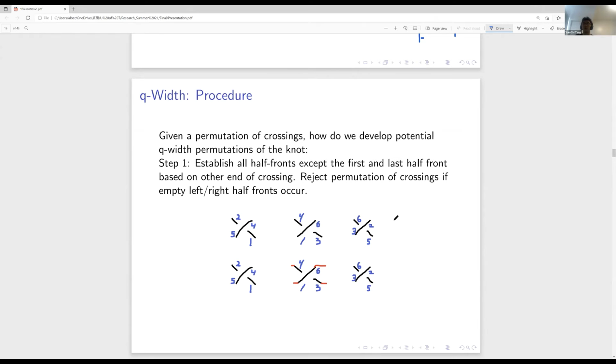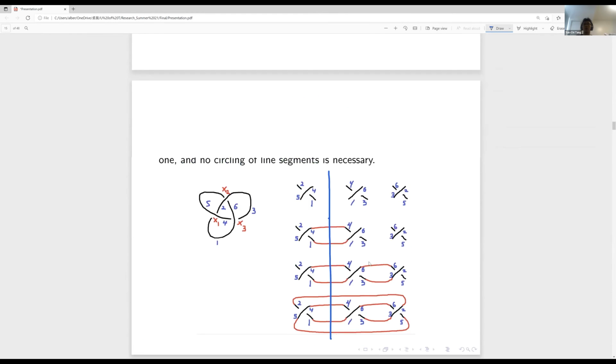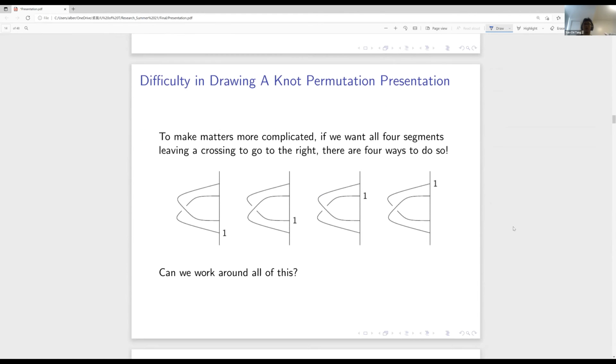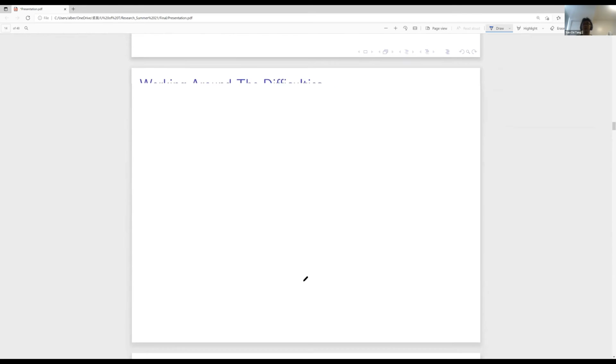This was taken off the trivial knot, in likely a different line segment labeling order. First, we're going to establish the left and right half runs for all crossings except the first and the last, because as I alluded to earlier, those are a little more annoying to set up with 4 possibilities.